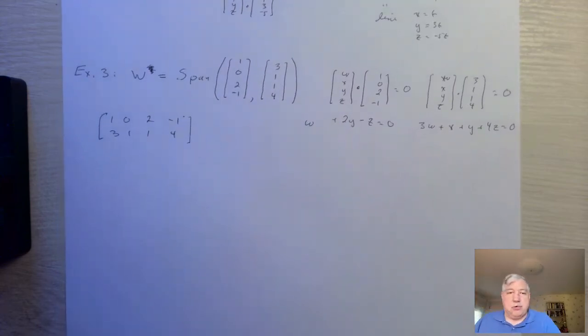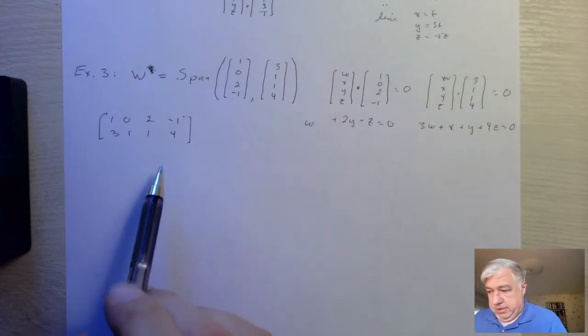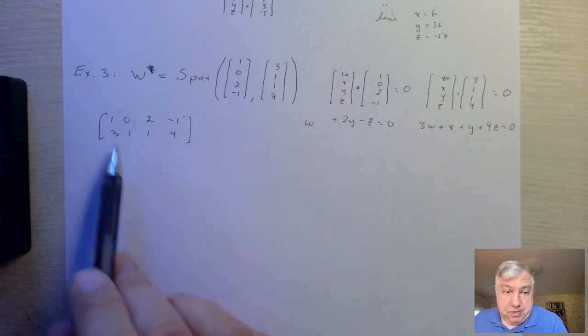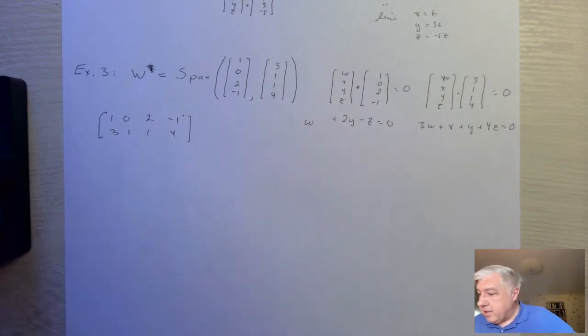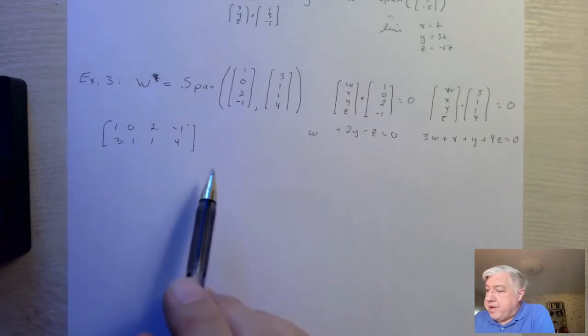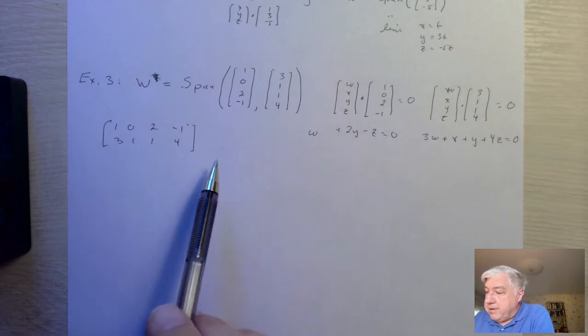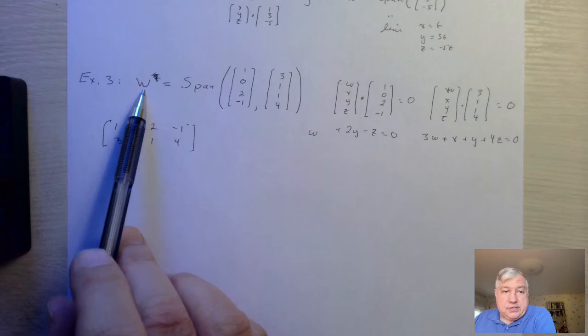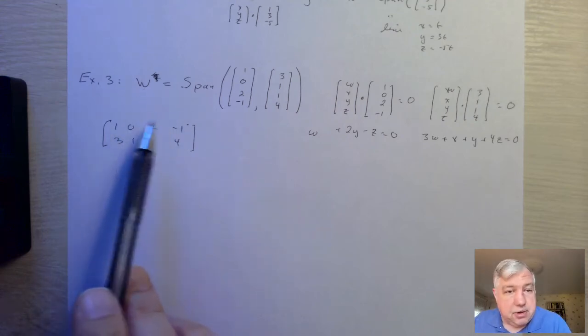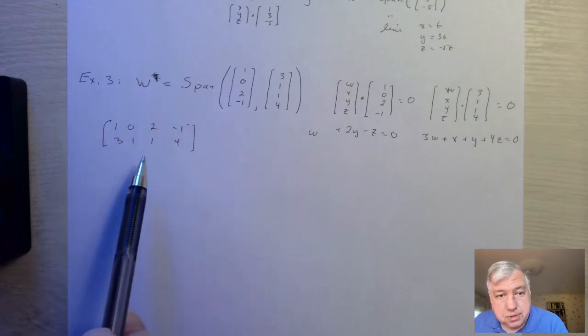We could just write a line here and say 0, 0, but in fact it's sufficient just to find the null space of this matrix here. Okay, because what we've done is W is the row space of this matrix.